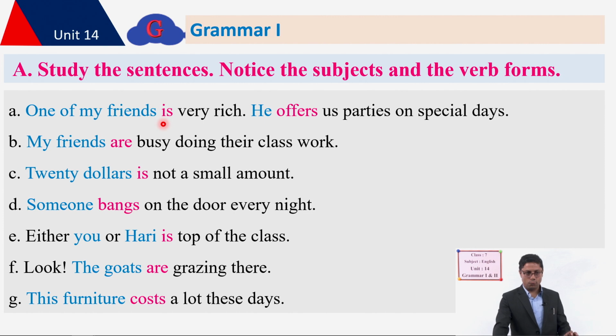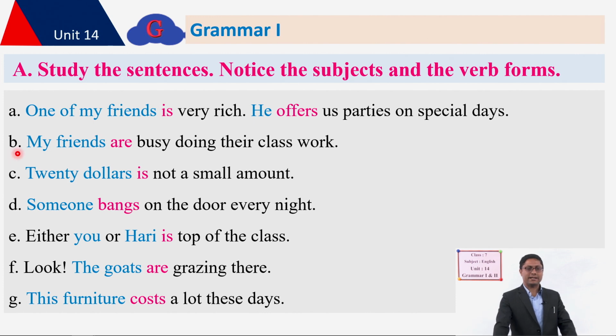Now you need to know whether this subject is singular or plural and the relation with the verb. That means what kind of verb agrees with the subject, either singular or plural. Similarly, you need to know whether the subject is singular or plural. We will discuss later in detail. So, you try to just find out whether the subject is singular or plural and the verb is singular or plural. Okay?